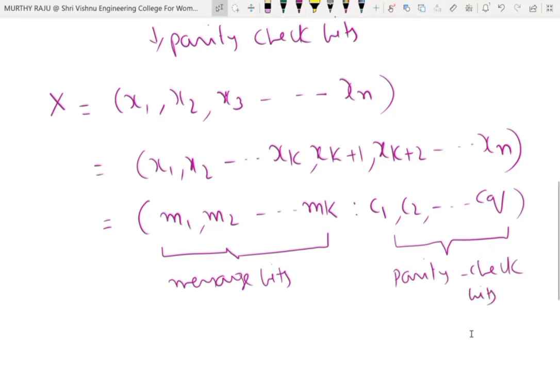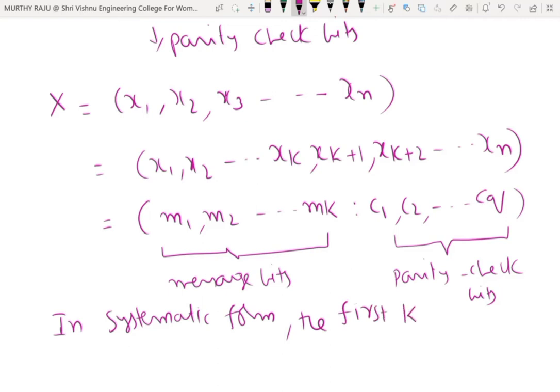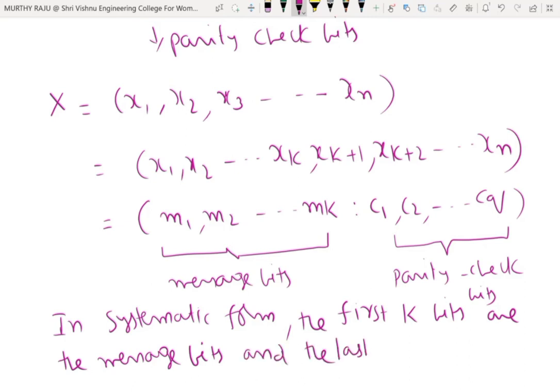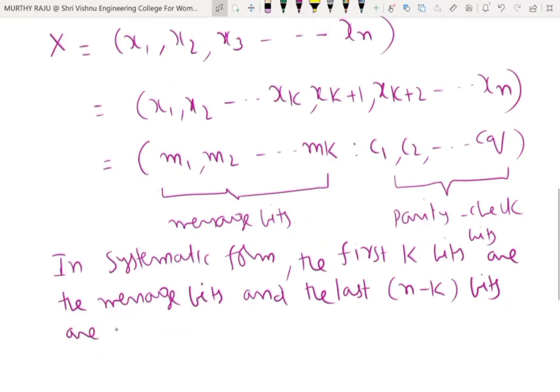Definition of systematic form: in systematic form, the first k bits are the message bits, and the last n minus k bits are parity check bits.